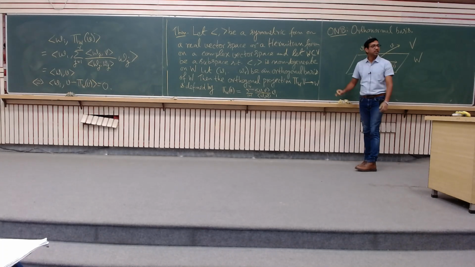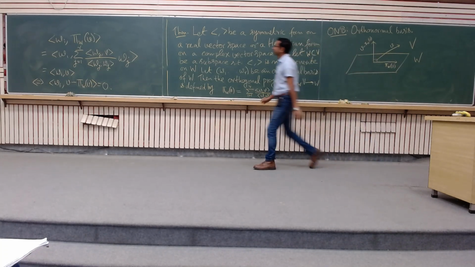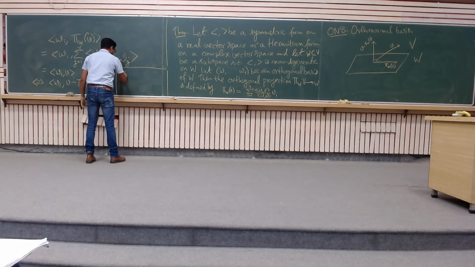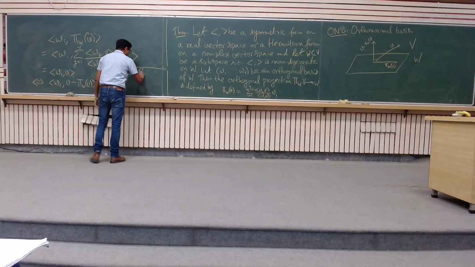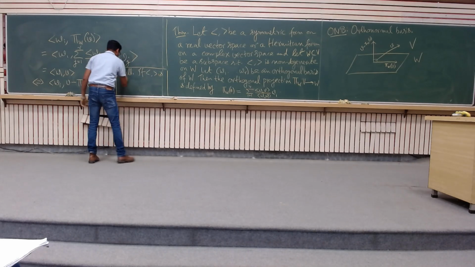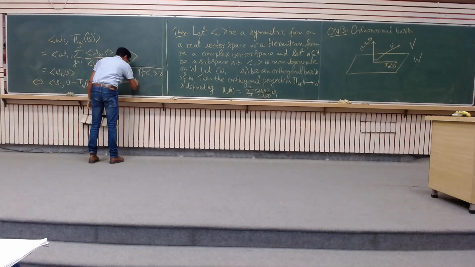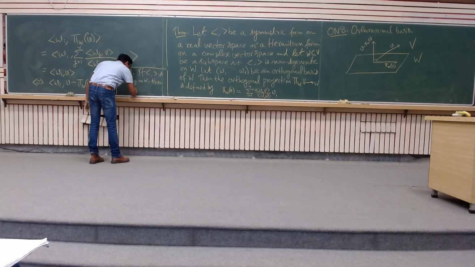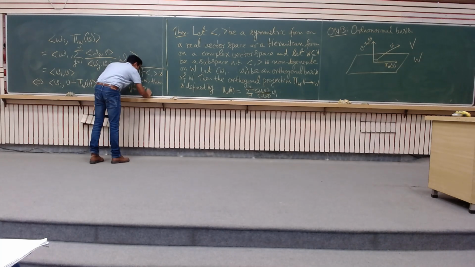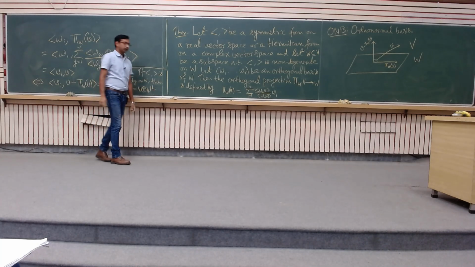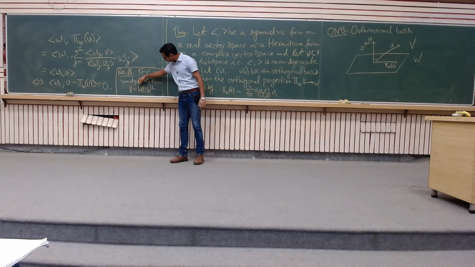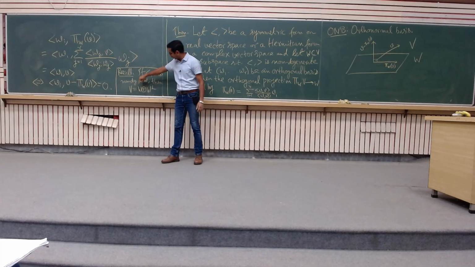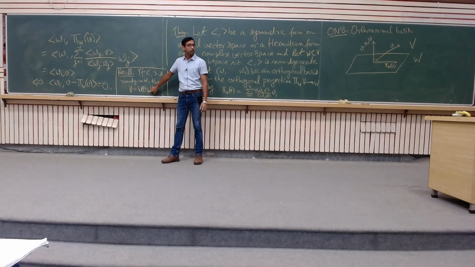Let's recall from this morning: if the form is non-degenerate on W, then you can write V as a direct sum of W and W perp. Once you have this decomposition, every vector in V you can write as a unique sum of an element in W and an element in W perpendicular.